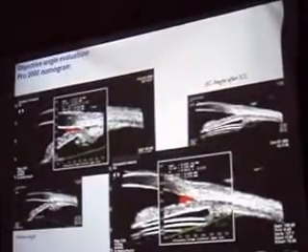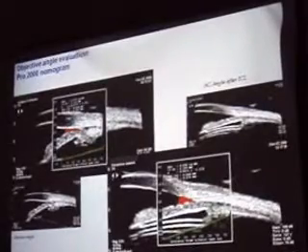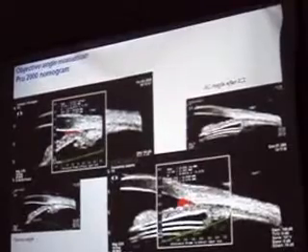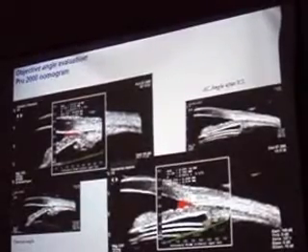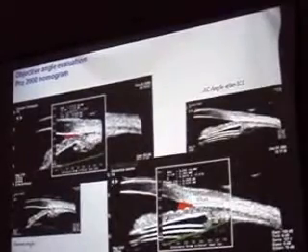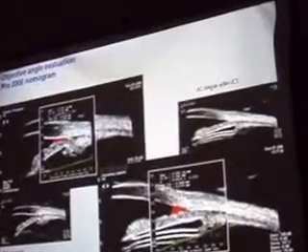This software requires the user to identify the scleral spur and the iris root. Once you tell the system this is the scleral spur and this is the iris root, the system will automatically fill the angle recess area, providing you a little more information than a 15-degree angle.